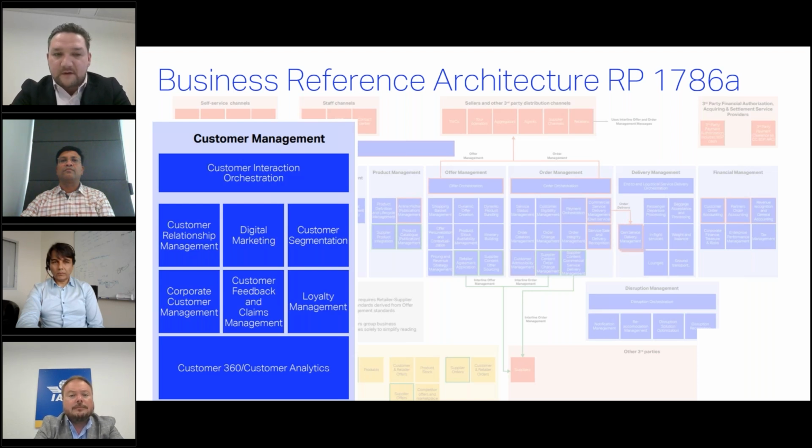It's more of an end-to-end support capability, and you'll see here a range of business capabilities such as customer interaction, orchestration, and segmentation in terms of the type of customers you'd like to address. That would be a component within the offer management and offer creation process itself.